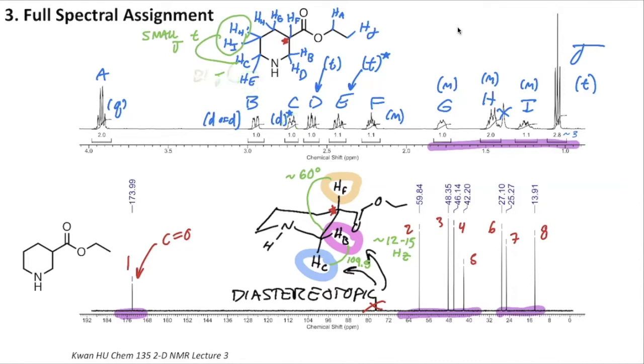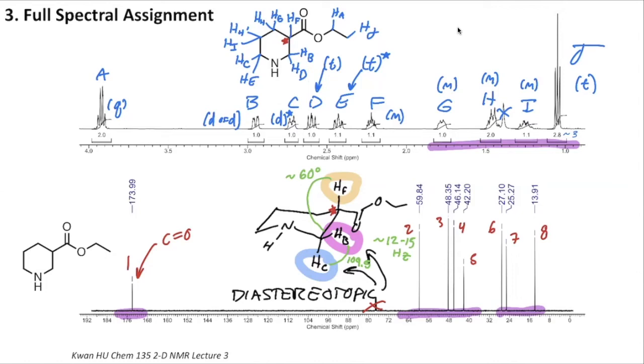Let's take a look at D. So when we talked about B and C in our original analysis, when we put them together on the same carbon, I was saying that we would expect the other hydrogen there, which turns out to be proton D, to look like it has a fairly similar splitting pattern to B. Now that's sort of true, but it's not exactly true. Let's get into it.